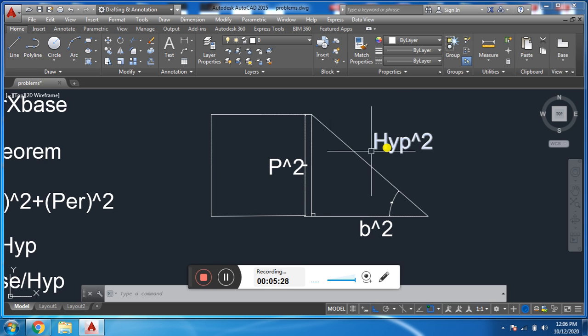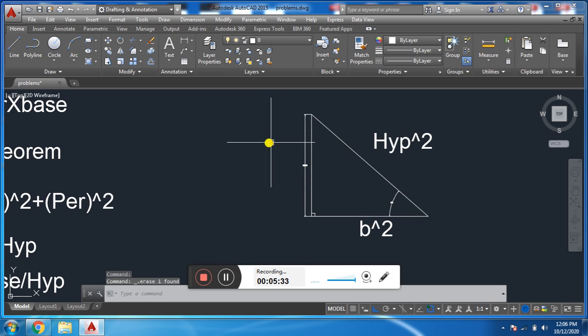Similarly here. I hope you have understood this point.